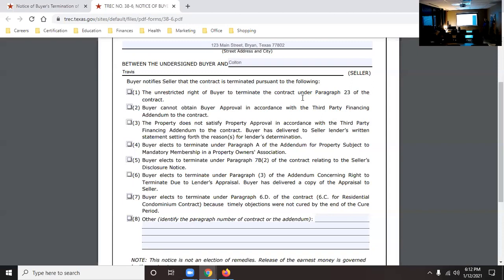Mr. Grossman, his lender, has said that because of WDI issues, what is WDI? Wood destroying insects.